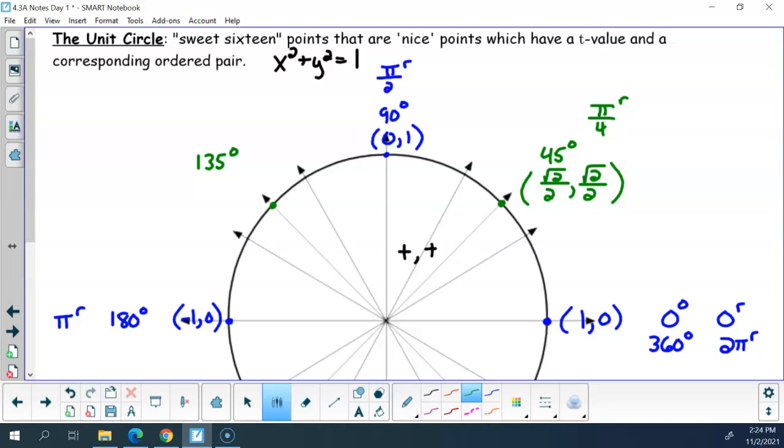Three-fourths, right? So it's 3 pi over 4. Coordinates. No?